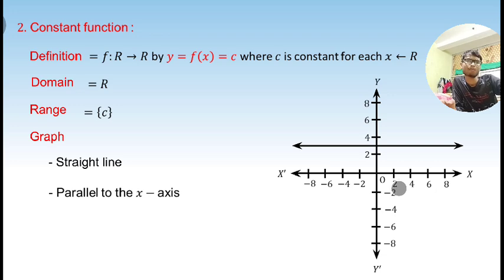What is happening here? If we take 2, then we get y as the same. If we put x, we get the same y value 4. Again, if we put a different number for x, we still get the same value.